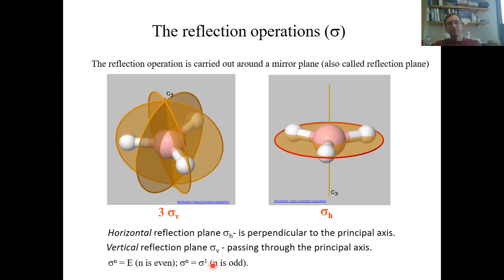So when n is odd, then it's always the same as carrying out the symmetry operation only 1 time. So for instance, if n is equal to 3, it's the same as a sigma 1. When n is equal to 5, it's also the same as a sigma 1, and so on.